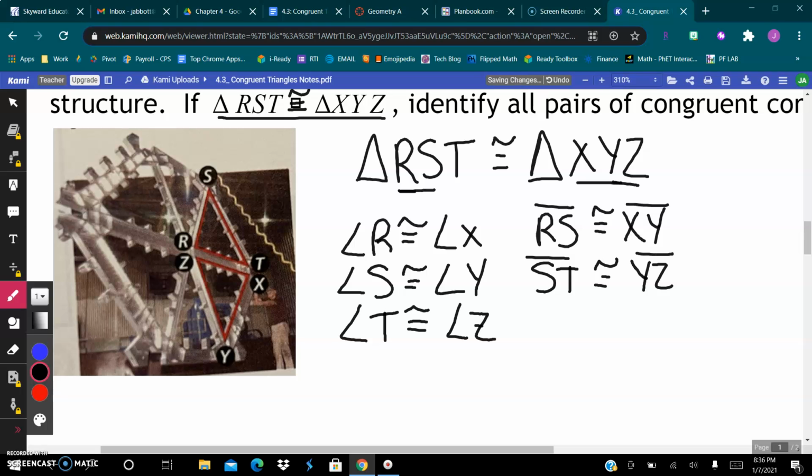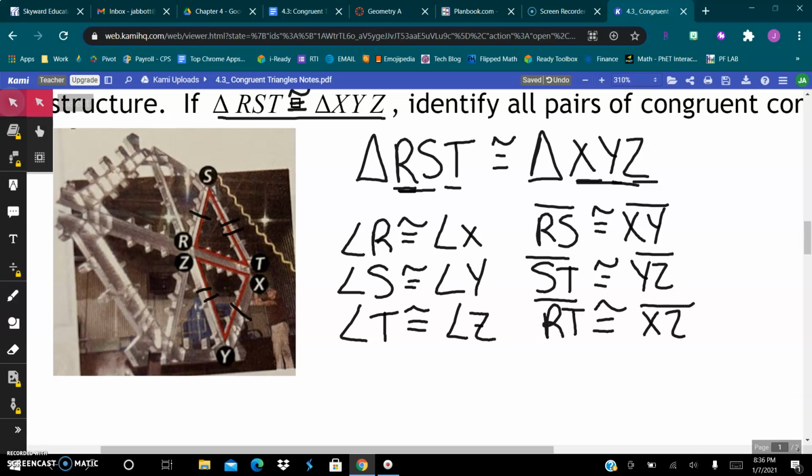So we have RS is congruent to XY, and we have ST is congruent to YZ. So the last set we have is RT, so the first and the last is congruent to XZ, which is the first and the last over here. So those are the 6 congruent statements that we can make about those two triangles.